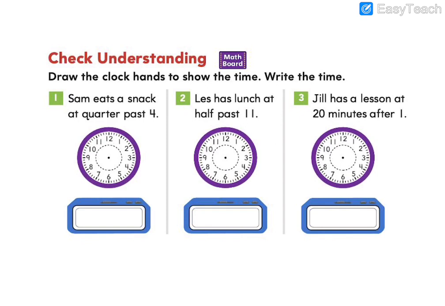Number 2, Les has lunch at 11:30. So now we're thinking about our clock in half. And number 3, Jill has a lesson at 20 minutes after 1. So we know we're after 1 o'clock by 20 minutes. Go ahead and solve.